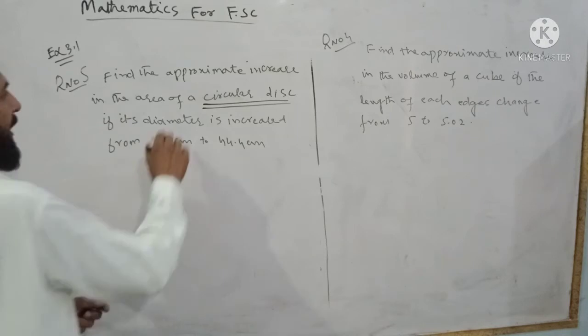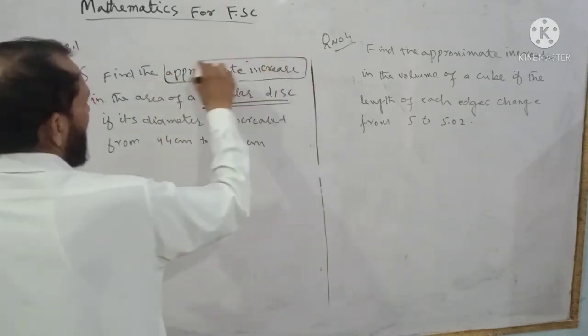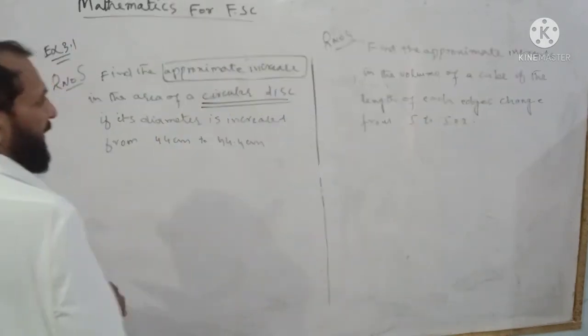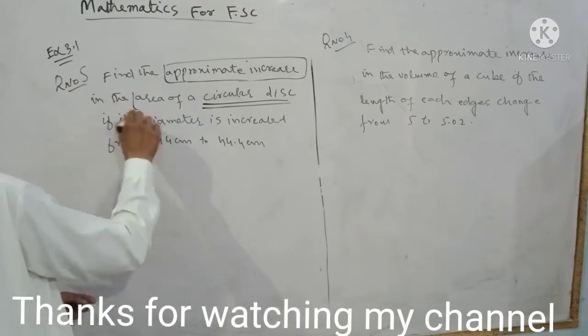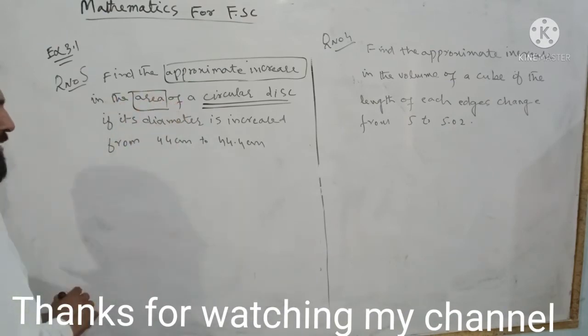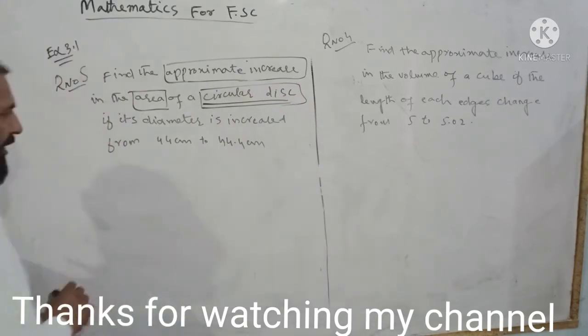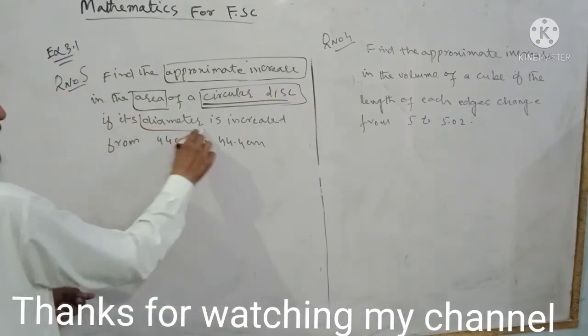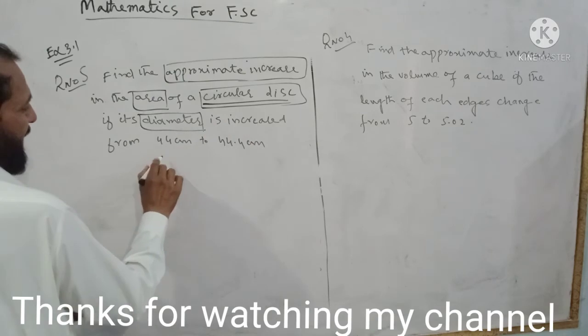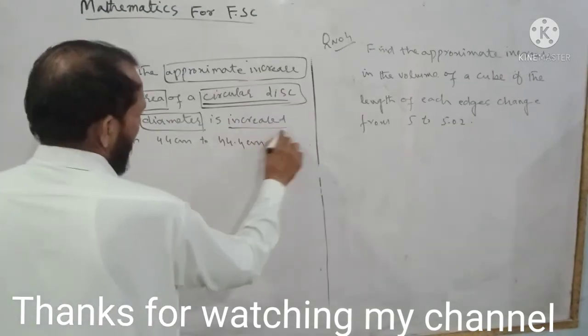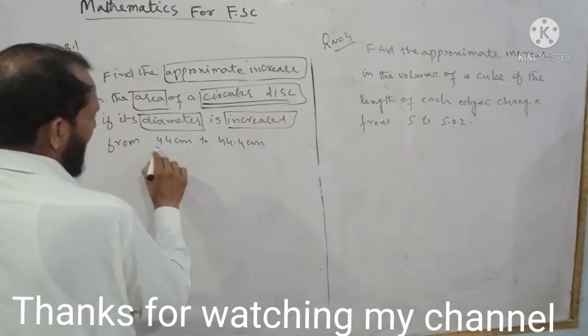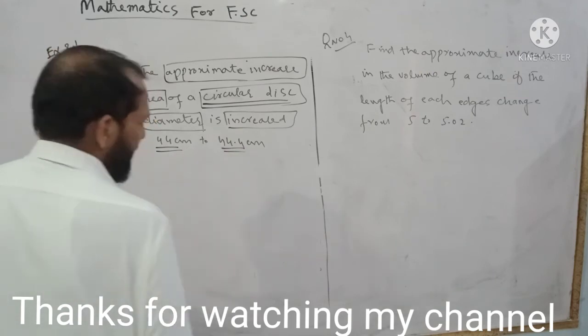We can find the approximate increase in area of a circular disc if its diameter is increased from this to this.